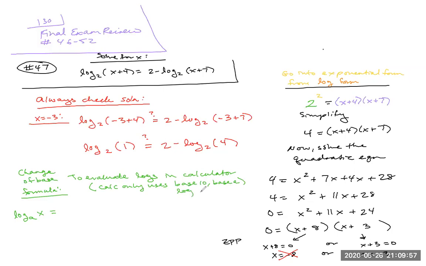Those are the log buttons and the ln buttons on your calculator. So you would need to change to log x divided by log a, or you could say log base a of x is equal to ln x over ln a.